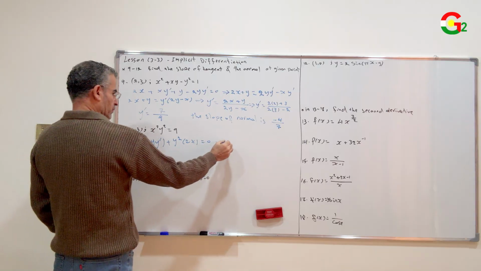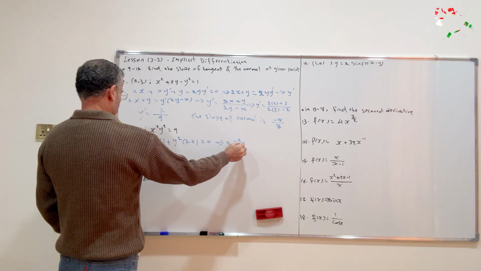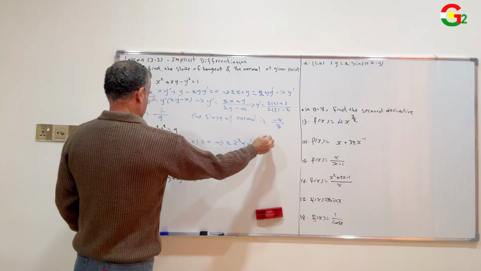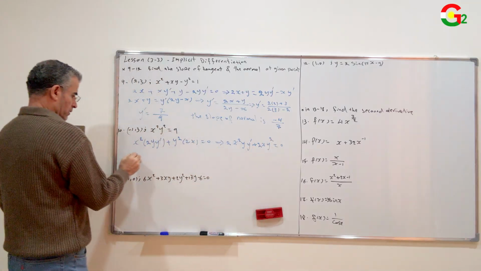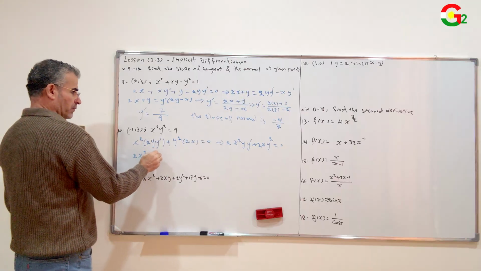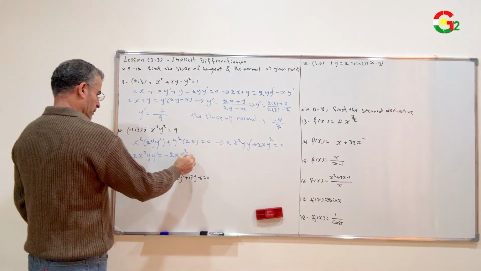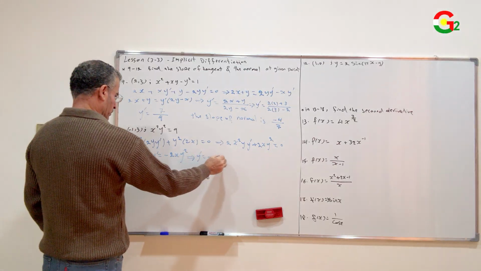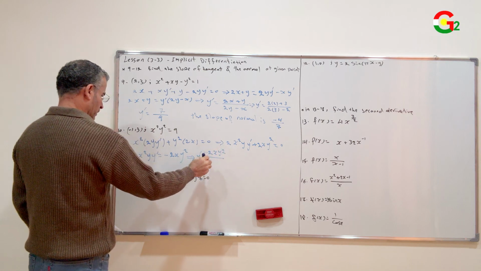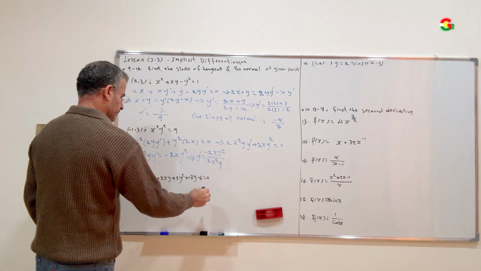Simplify: 2x power 2 y y prime plus 2xy square equals 0. Then 2x power 2 y y prime equal to negative 2xy square. Therefore, y prime equal to negative 2xy square over 2x power 2 y.